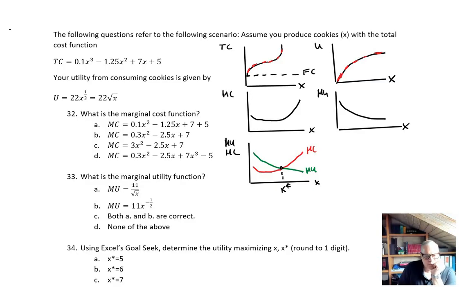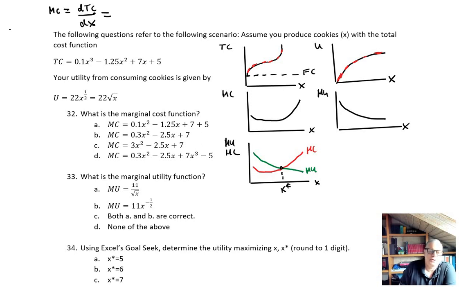Okay, so now we have to actually look at those two equations, and we know that the marginal cost function is the first derivative of the total cost function. So the marginal cost is equal to the first derivative of the total cost function with respect to x.